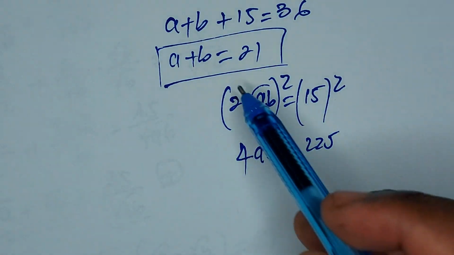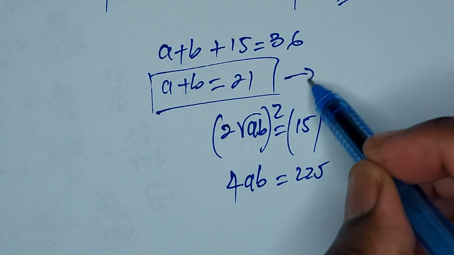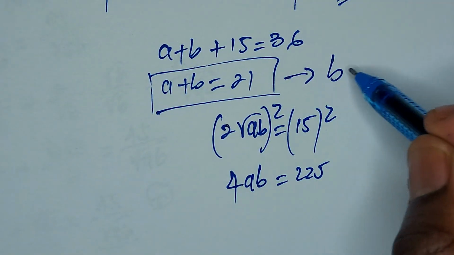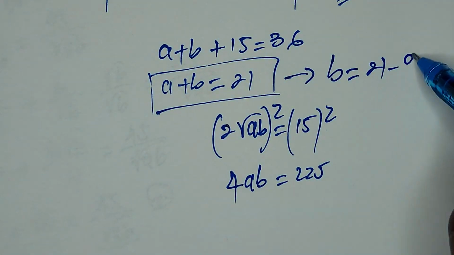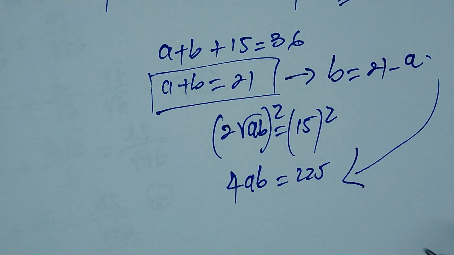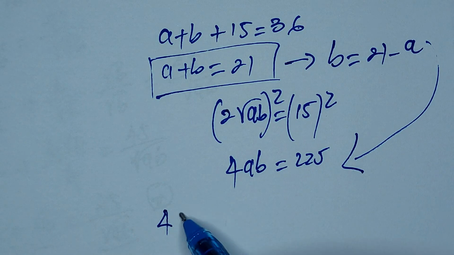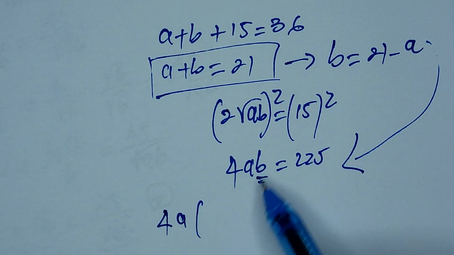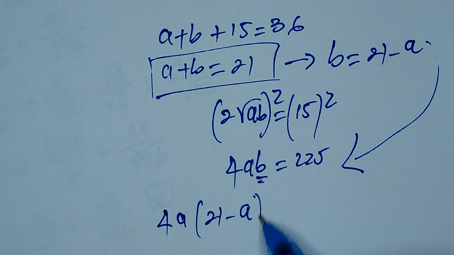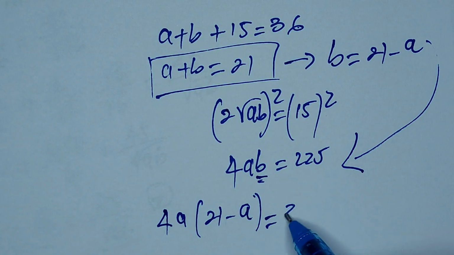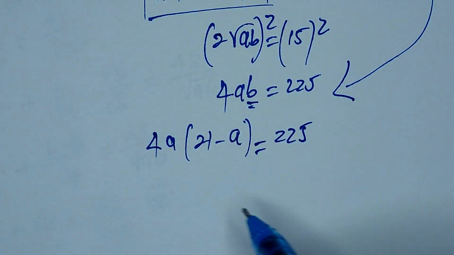And then, well, I'm going to say from here that B is going to be 21 minus A. And then I'm going to replace this value here, right? So I'm going to have 4A, which multiplies B. B is 21 minus A, and equals 225.